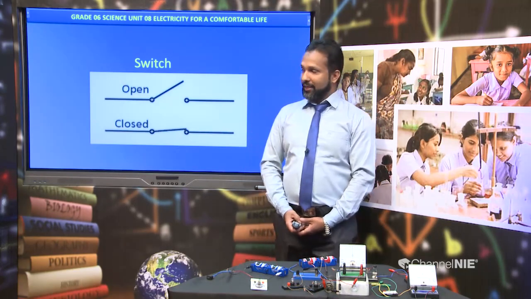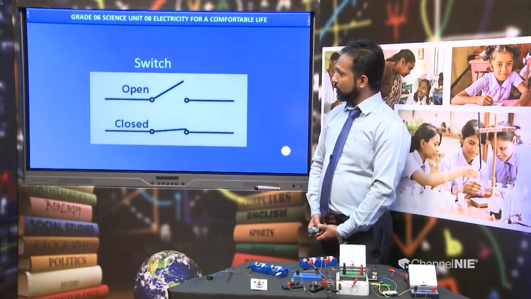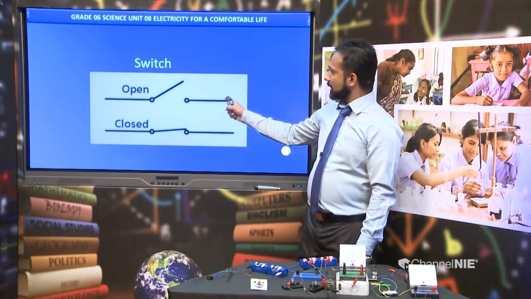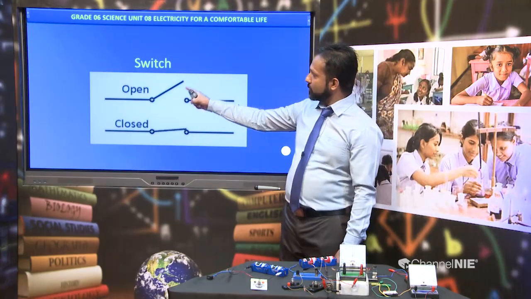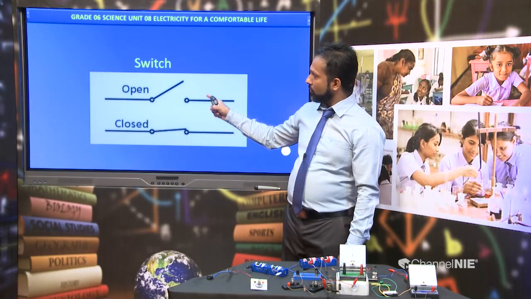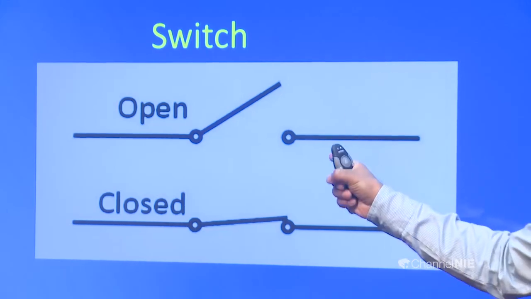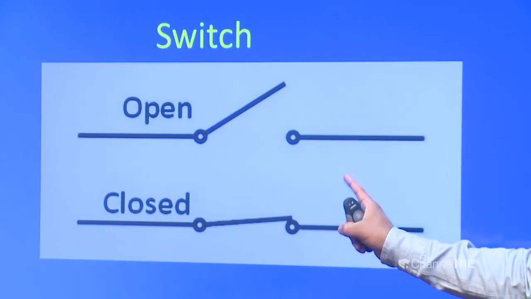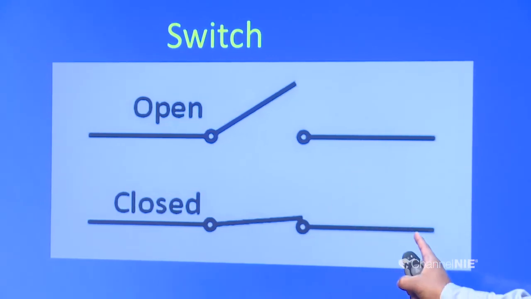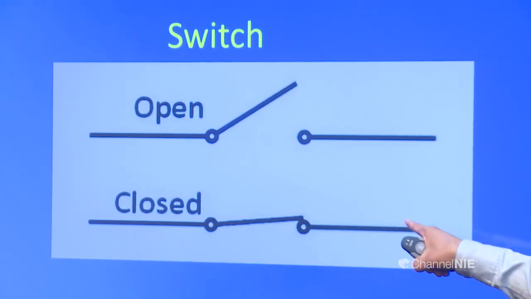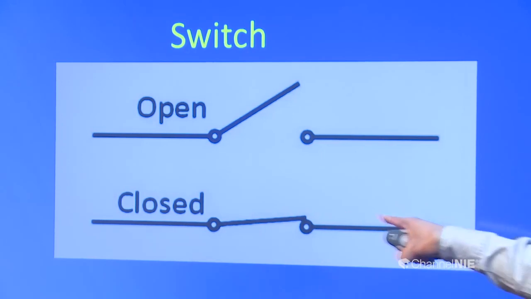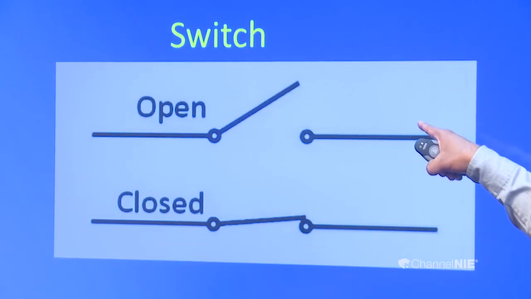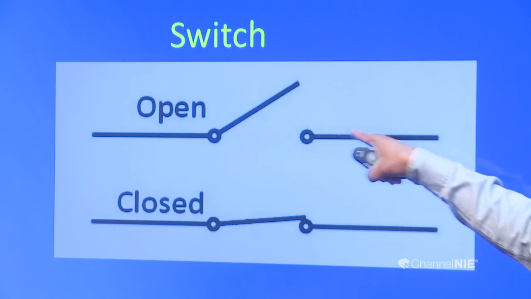What's the difference between these two? As you can watch, this symbol represents the open switch when the power is disconnected. In this case, no current passes through the circuit. This symbol represents the closed switch. In this case, electricity passes through the circuit.